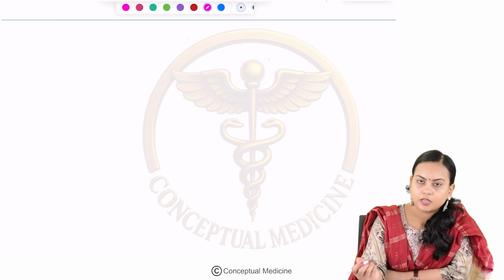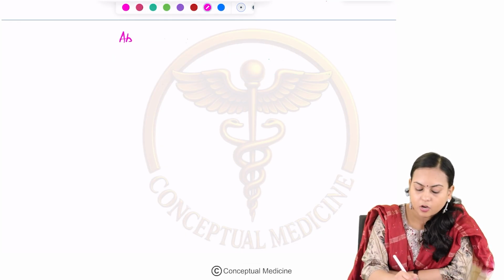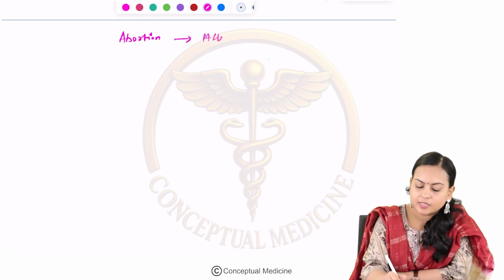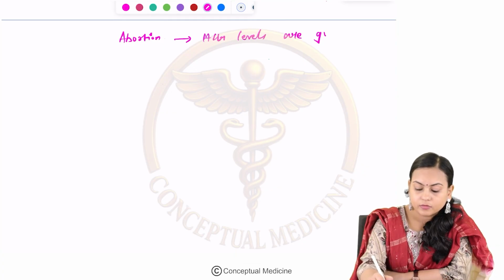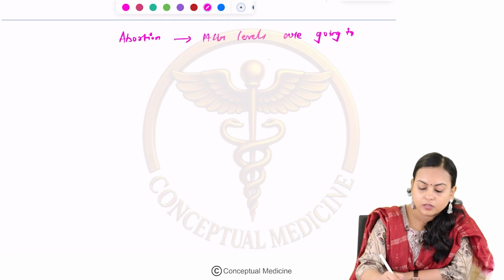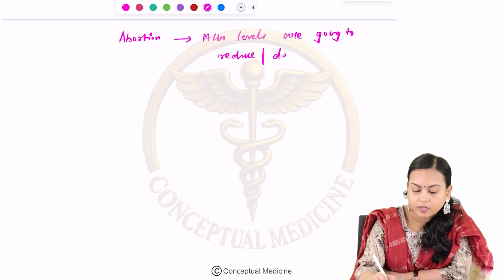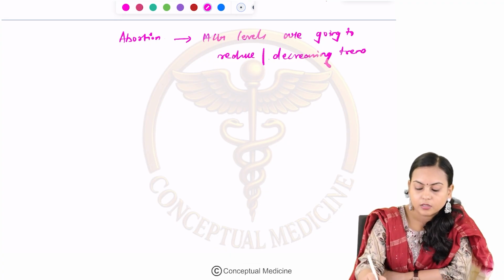Okay. For example, in abortion, what is going to happen? HCG levels are going to reduce, or they are going to be in a decreasing trend.